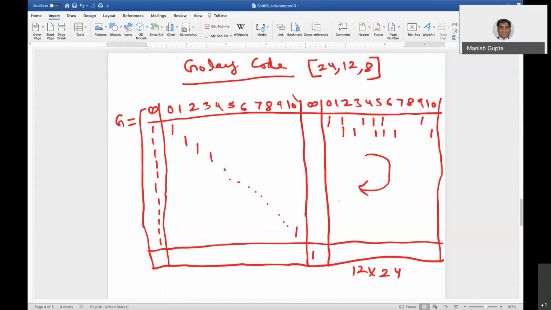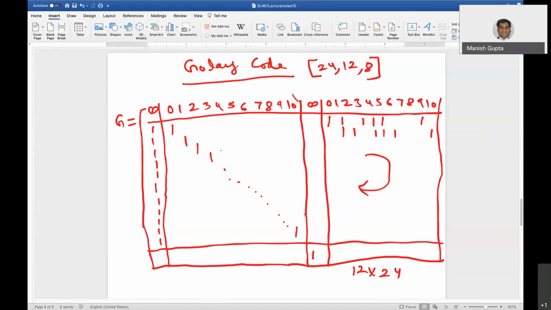Okay. So first of all, you need to make sure that all these rows are linearly independent, so that the dimension is 12 for this code, which is clear because there is an identity block here. You see that, because of the structure of the matrix, 1, 1, 1, 1, 1 in the diagonal up till this place, all these 12 rows are linearly independent.